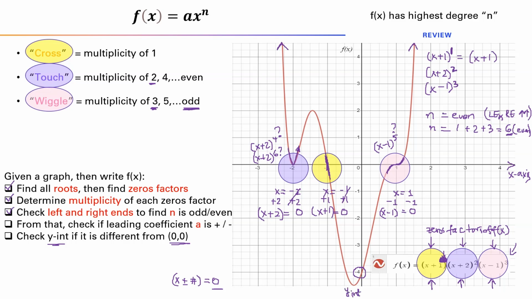Just a reminder, the y-intercept is when x equals 0, and the graph crosses the y-axis at the y-intercept.